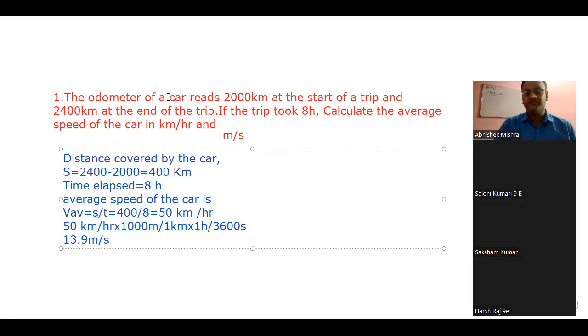To convert it into meter per second, we multiply 50 kilometer by 1000 meter, and divide the hour by 3600 seconds. That comes to 13.9 meter per second. Is it clear, Jyoti, now? Okay, fine.